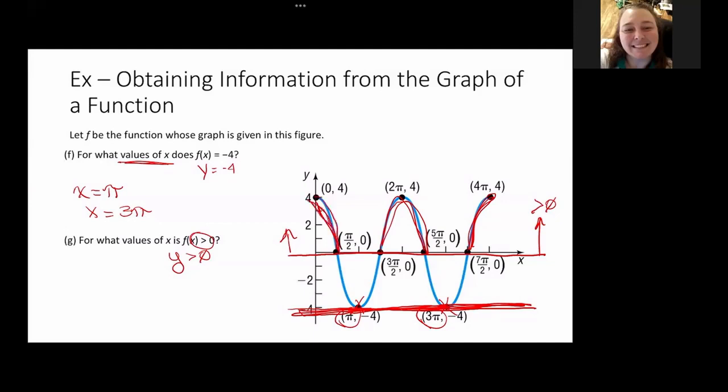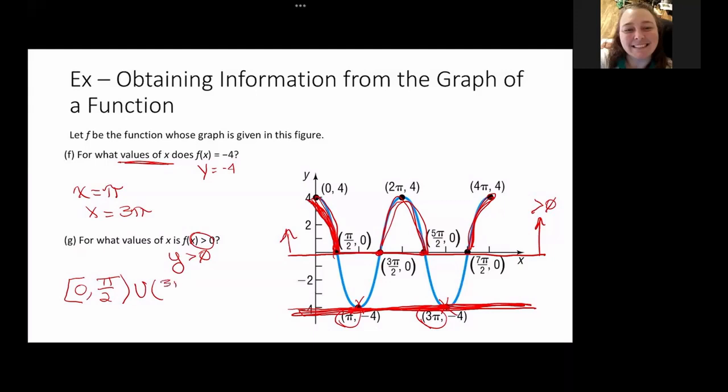Let's do this in interval notation. This first piece here, x is from 0 to pi over 2, and it's the non-inclusive bracket because we're not equal to. Now I'm going to use union notation because I'm going to do 3 separate pieces. Again, it's not equal to, so we use the rounded brackets instead of the square brackets.